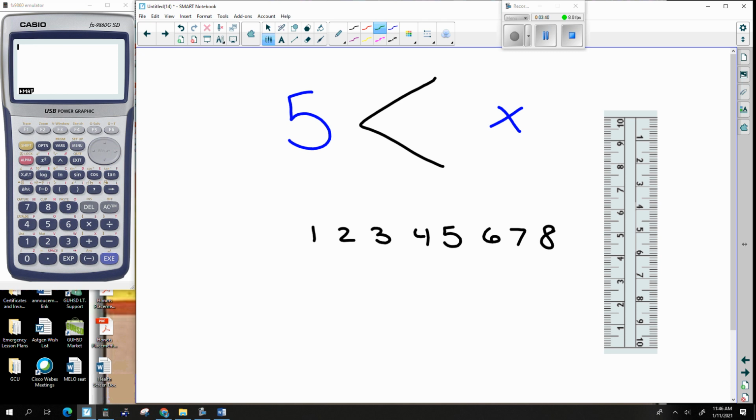Again, take measurements, and this side would be the big side and this side would be the small side. So again, x is bigger than 5, meaning numbers bigger than 5. Technically this is called is greater than. X is greater than 5.